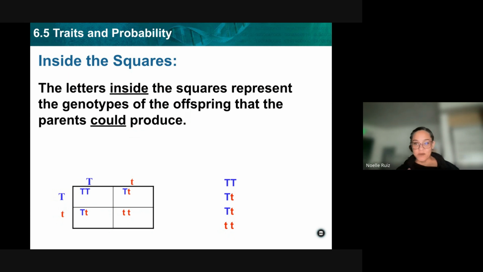Because there's a bunch of different questions I can ask about what is the probability the offspring will either be tall or short, be homozygous dominant, homozygous recessive, heterozygous. All of those are going to have different percentages depending on what question I ask about it. So we will talk about a couple of options.